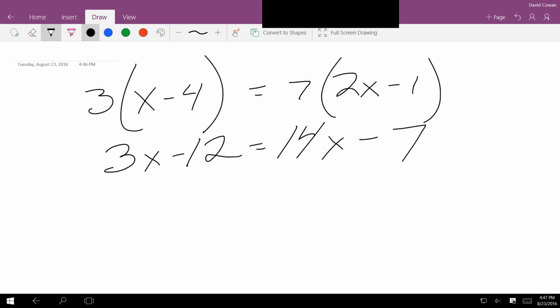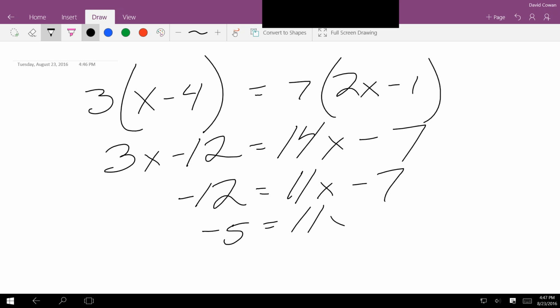Negative 12 equals 11x minus 7. And next line. Negative 5 equals 11x. And the last line.